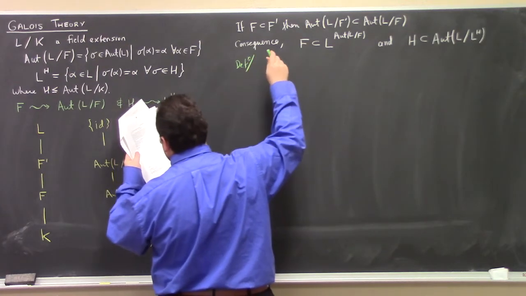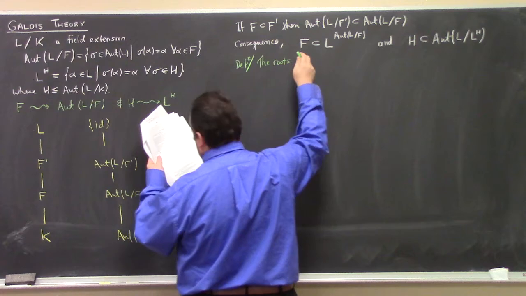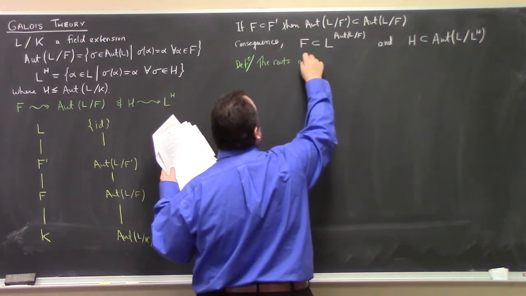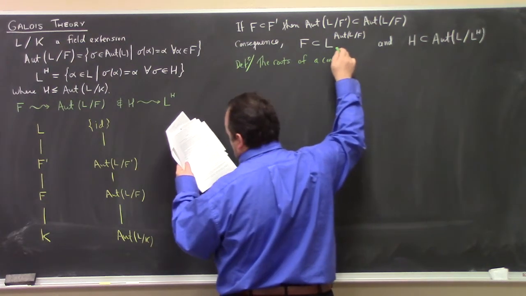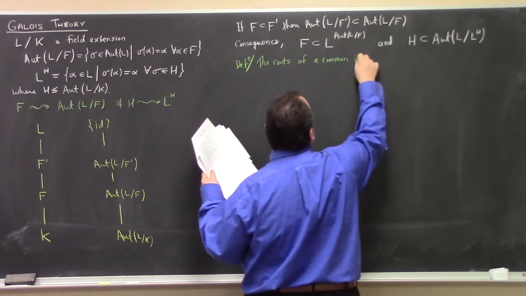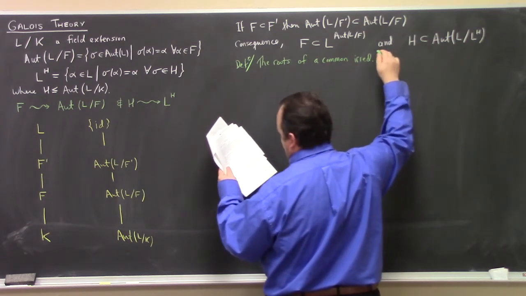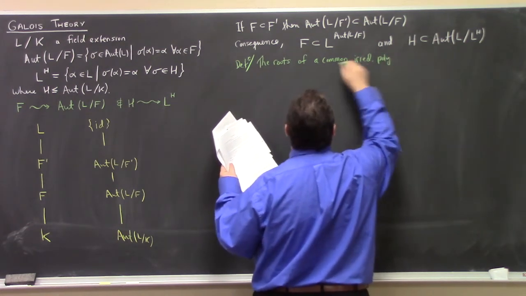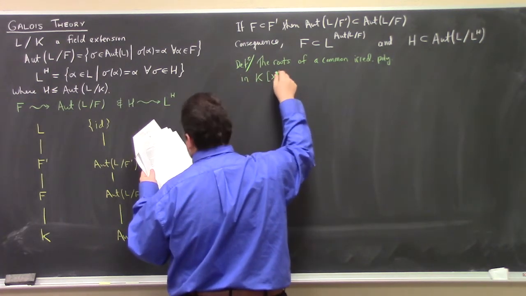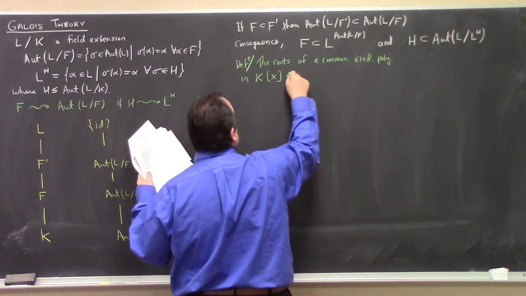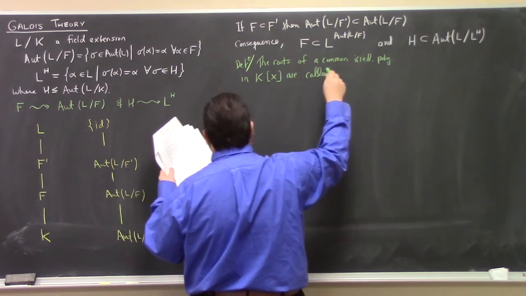Definition: the roots of a common irreducible polynomial in K[x] are called K conjugates.